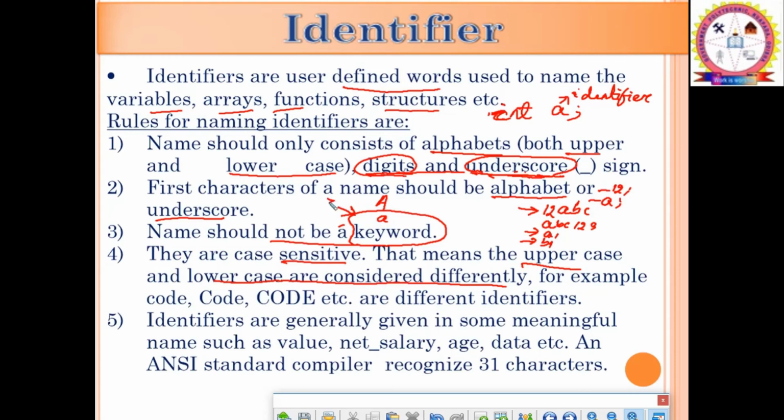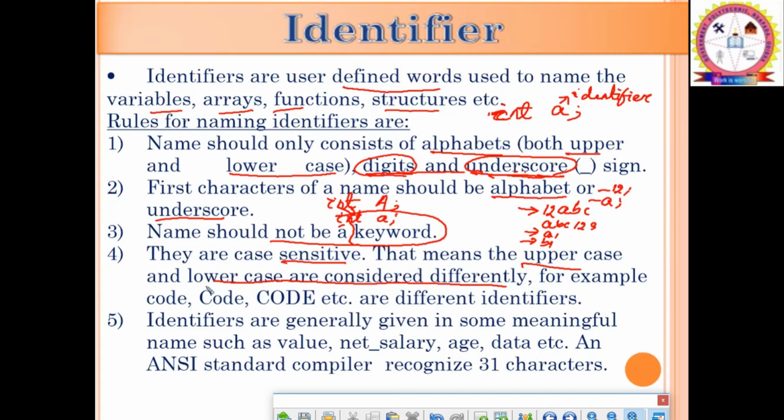In the same program I can declare int A, and I can declare int a, and both are different. C language itself is case sensitive, so identifiers are also case sensitive.